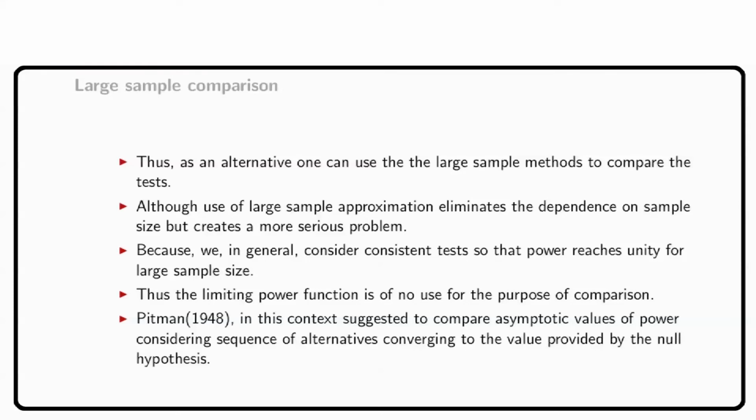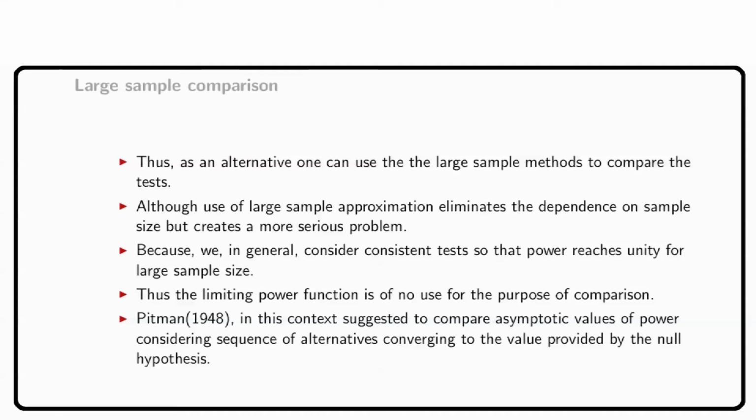Although use of large sample approximation eliminates the dependence on sample size, it creates a more serious problem, because we in general consider consistent tests, so that power reaches unity for large sample sizes. Thus, the limiting power function is of no use for the purpose of comparison.